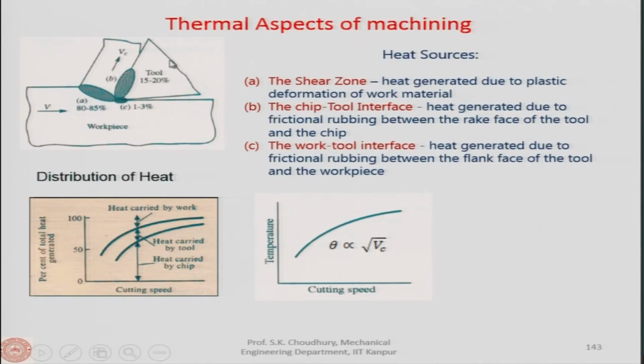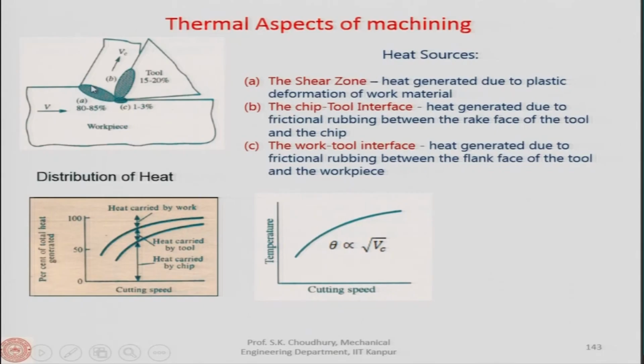When the cutting process happens, that is the plastic deformation occurs, and the chip is formed from the shear zone. Here the material is completely plastic, and the plastic deformation takes place in the shear zone, and the chip moves over the rake face of the tool.